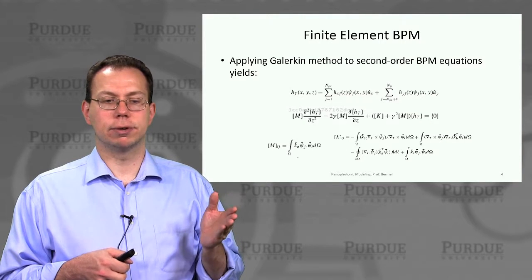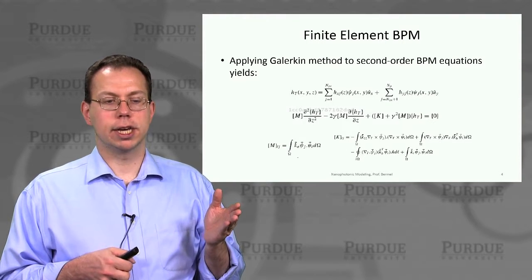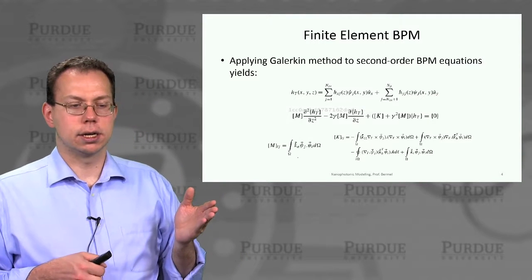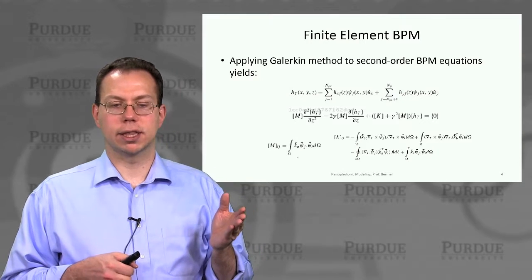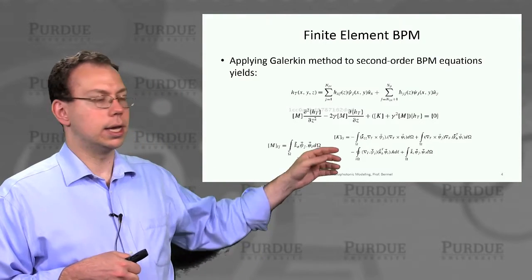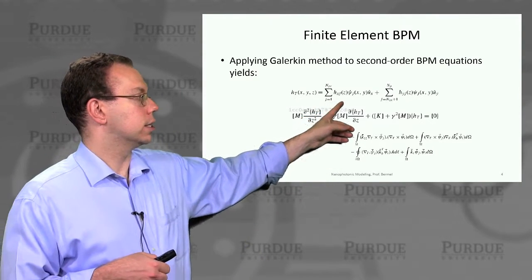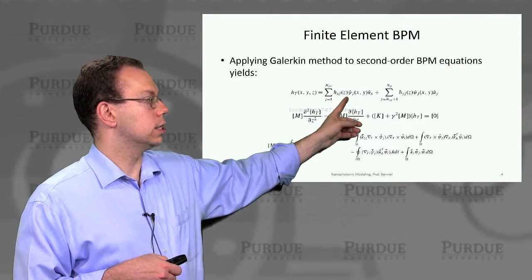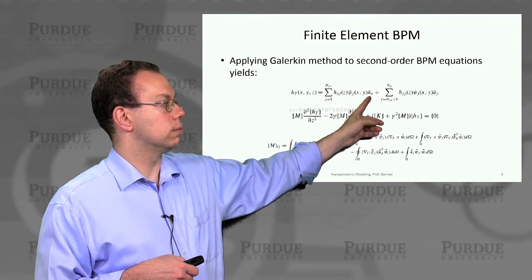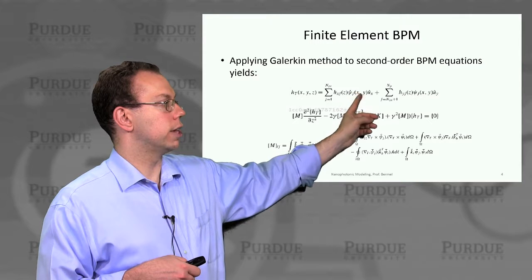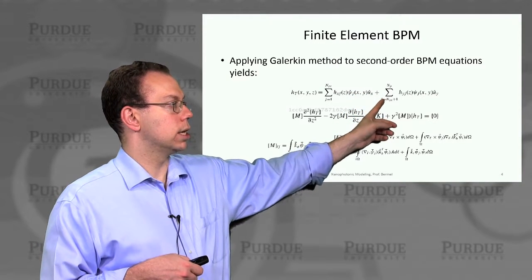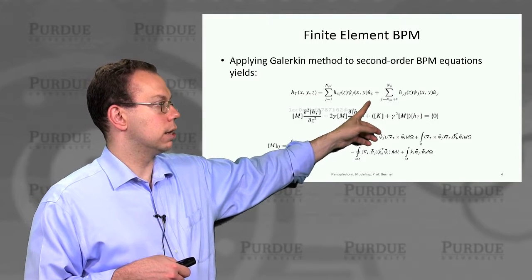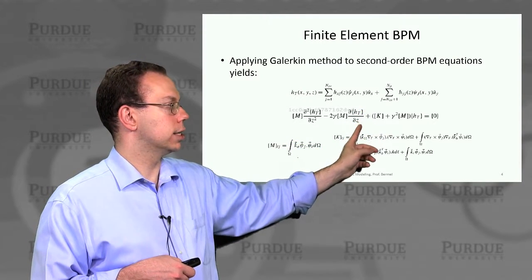Then we can go back to what we talked about in the last couple of lectures to apply the Galerkin method, and write down a set of values for the fields. Here we'll assume that the fields are H fields, and we have a set of coefficients in the z direction times some transverse functions phi j of x y times some unit vectors in the x and y directions.